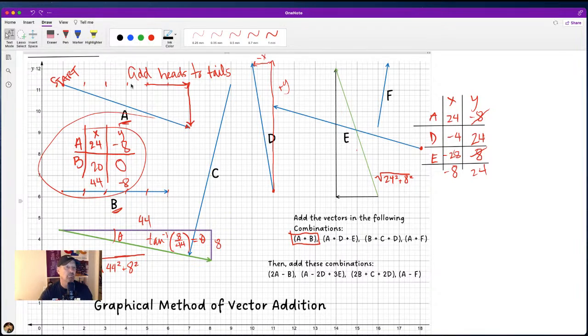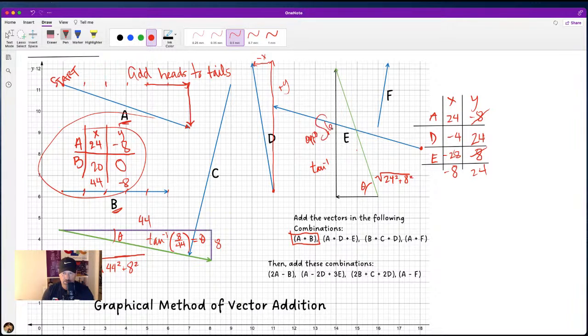Theta right here would be inverse tangent of opposite over adjacent. So opposite is the y value, so it'd be y over x, and that's equal to theta. So then you'd be able to figure that out.